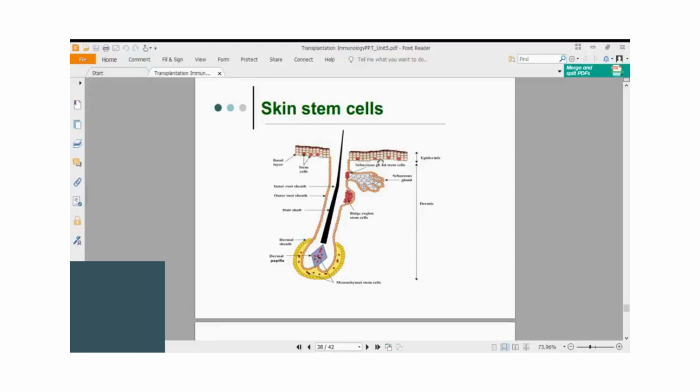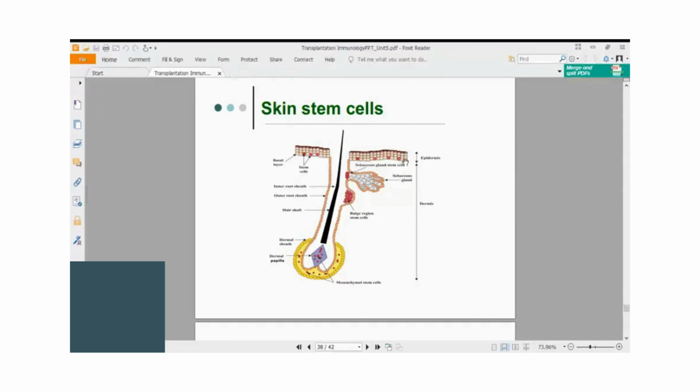Those epidermal stem cells are present in the basement layer of the epidermis, and the basement layer of the epidermis is called stratum germinativum. The word germinativum itself indicates that it is capable of germinating, and germinating means nothing but growing.